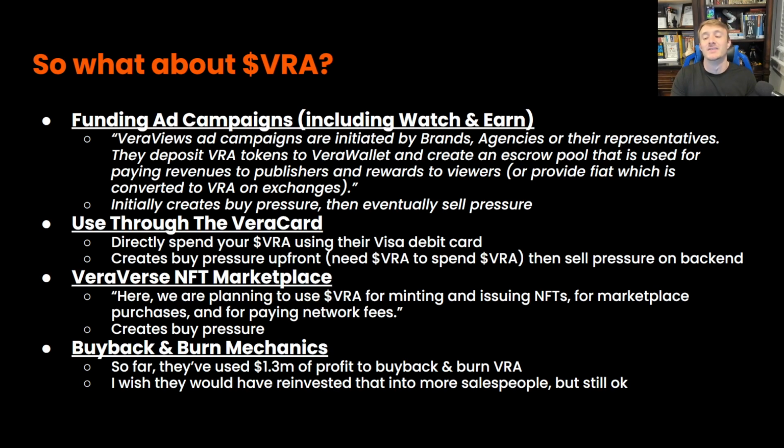So again, they may just get some VRA and then not spend it all. Okay, but you're still spending it and you're still creating sell pressure. So this is not epic utility. It's good utility, but it's not epic buy pressure to make number go up on the token, but it's cool utility.